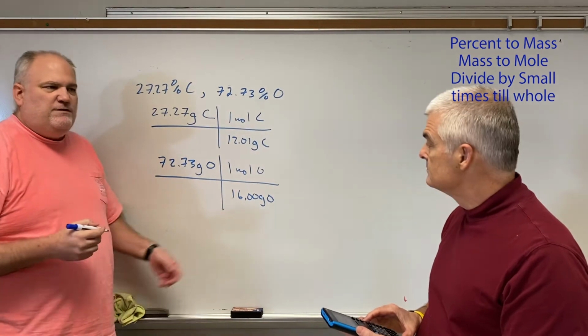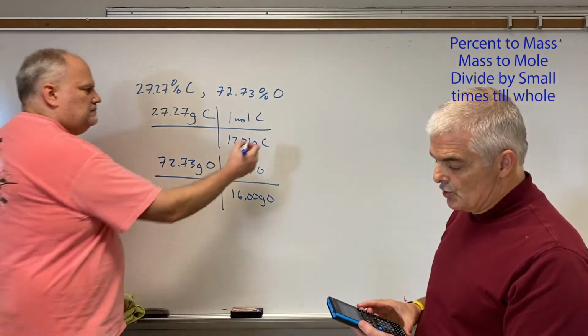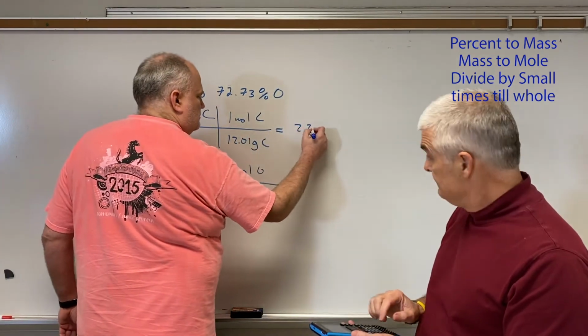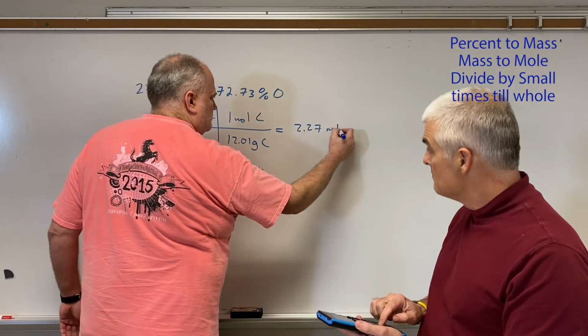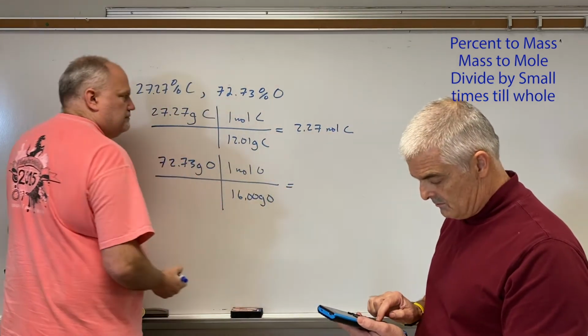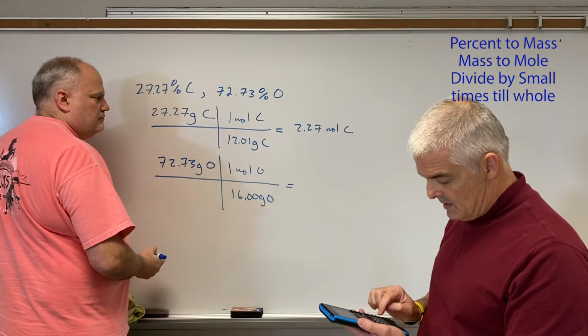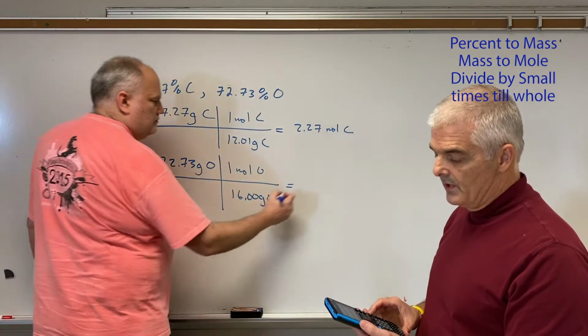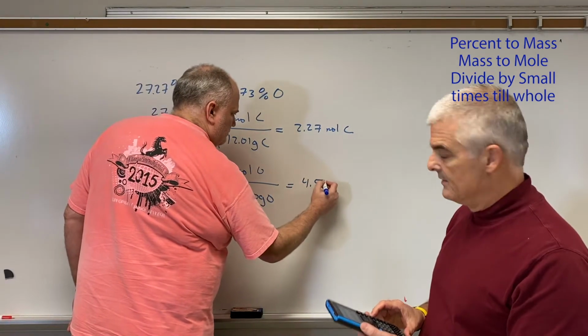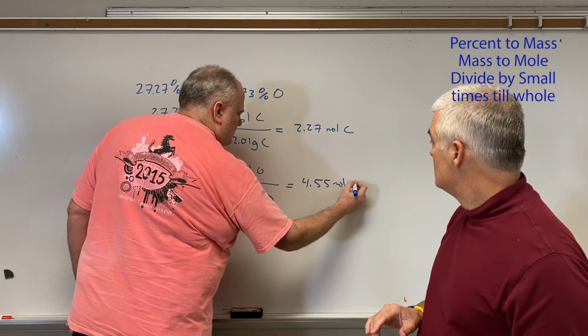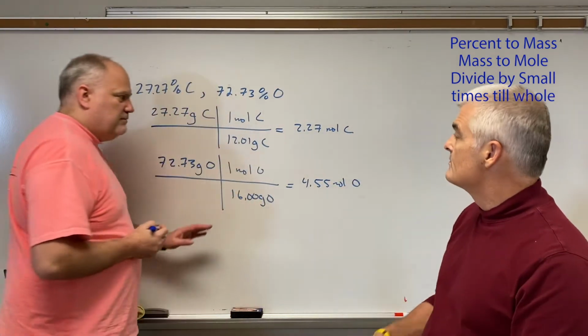You could have on your table 15.994. So we get 2.27 and 4.55.